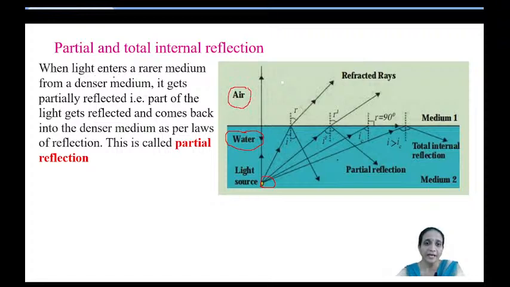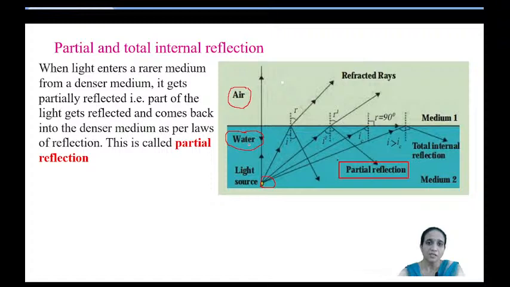When the light enters the rarer medium from the denser medium, it gets partially reflected. That is, a part of the light gets reflected and comes back into the denser medium as per the law of reflection. This is called partial reflection.